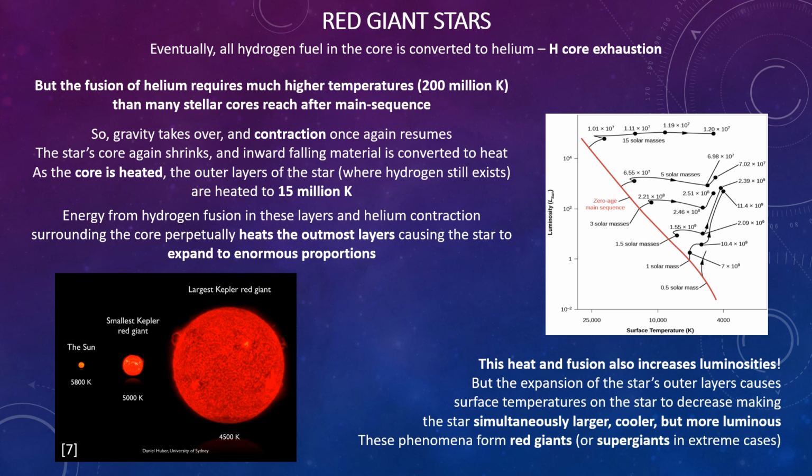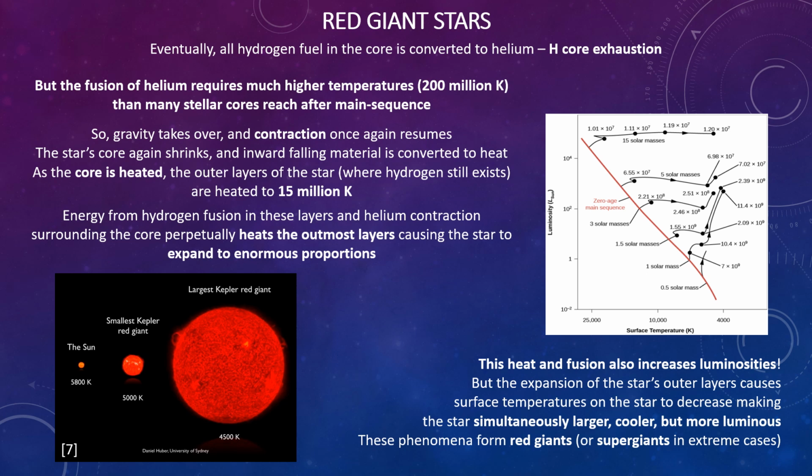However, this gravitational contraction then causes that infalling material to be converted into heat. And so this heats up our core again after it has contracted enough. But during this contraction, the outer layers of the star are heated up to 15 million degrees Kelvin, and in the outer layers there is still hydrogen because it wasn't in the core.